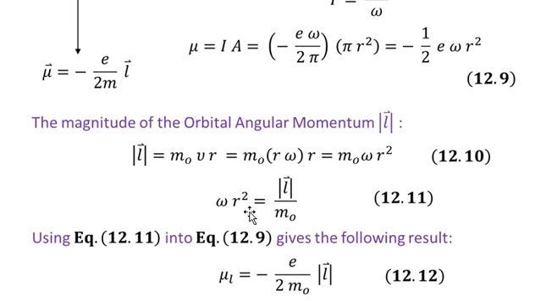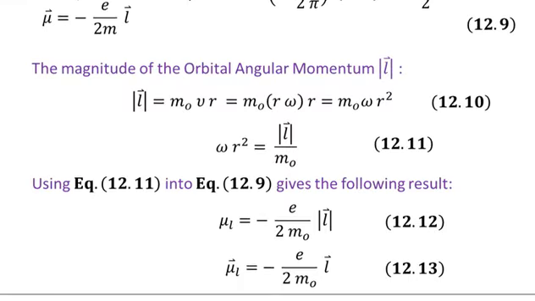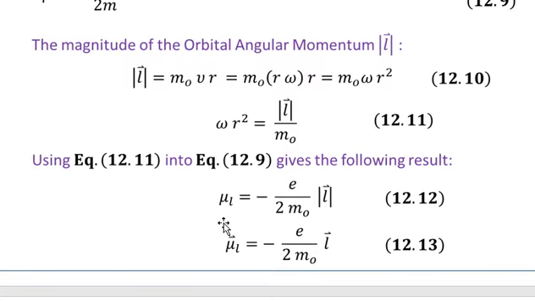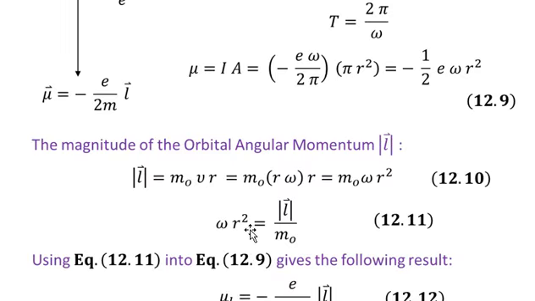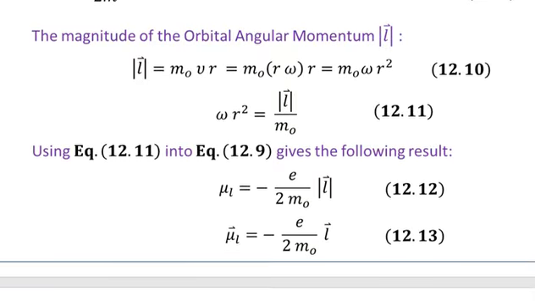This omega r squared can be substituted in equation number 9, and then you can find the relationship for the orbital magnetic moment. Using the value of omega r squared from equation number 11 in equation number 9, you get the magnetic moment mu, shown in equation number 12.